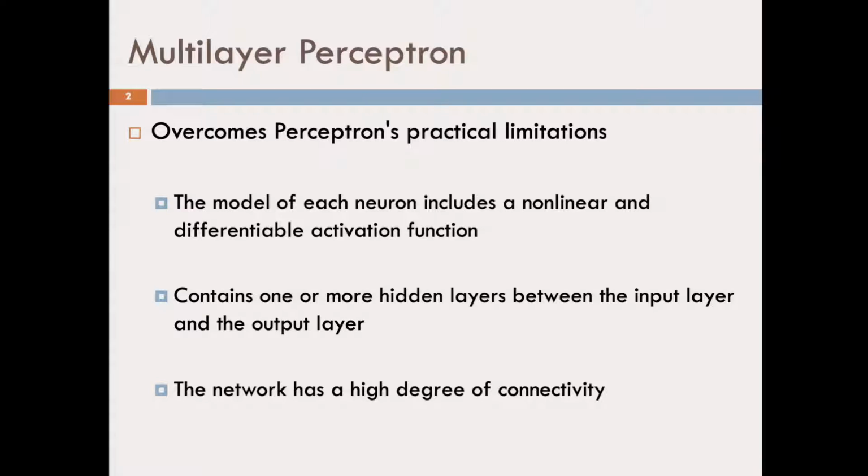It has to apply a nonlinear transformation to that linear combination. It's going to contain one or more hidden layers between the input and output, and has a high degree of connectivity. All the neurons are connected to all other neurons.